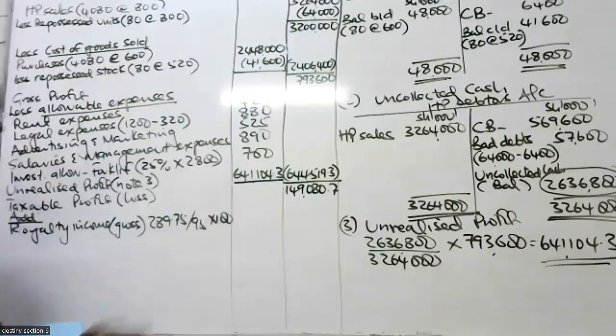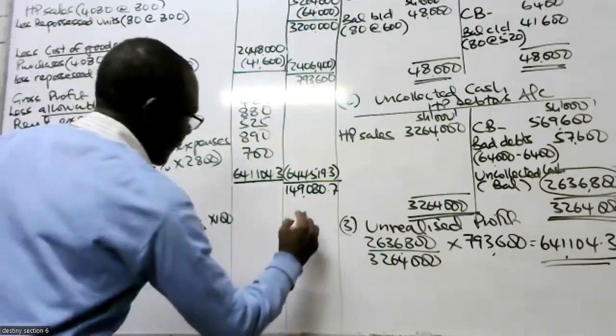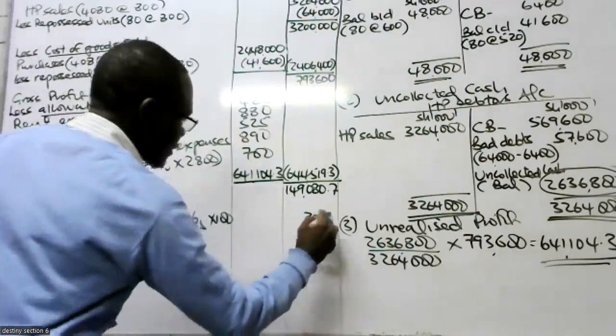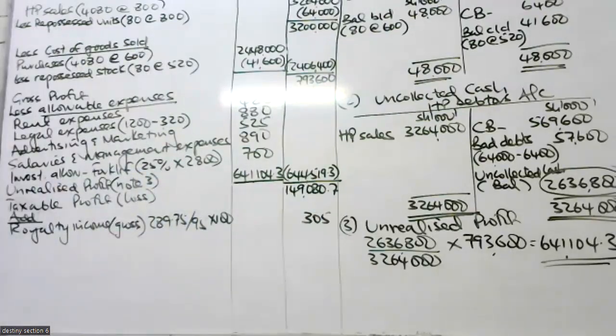Then you multiply by 100 to get the initial amount. This will give us 305,000. That's the gross royalty income.